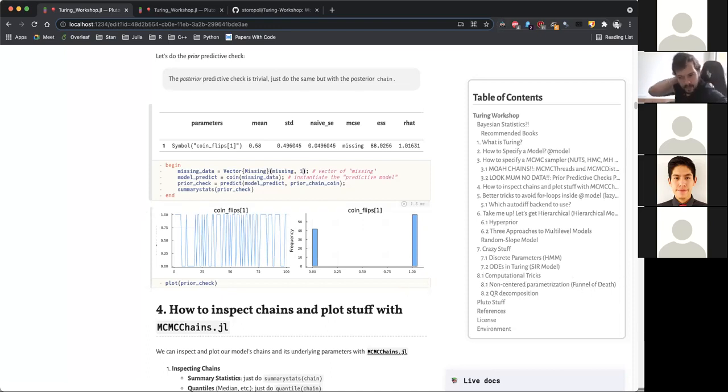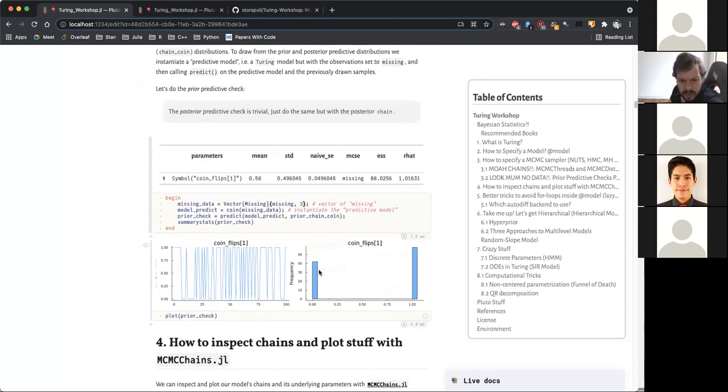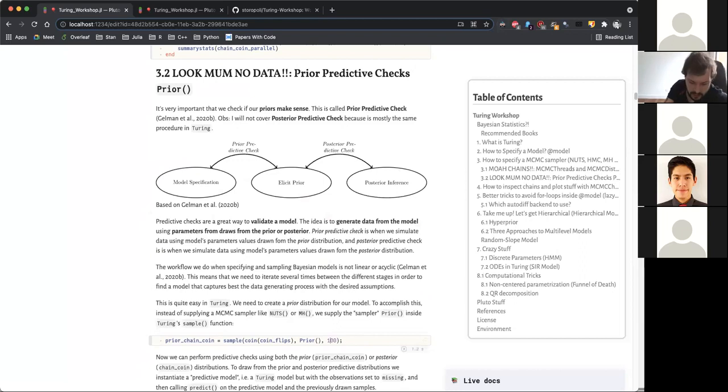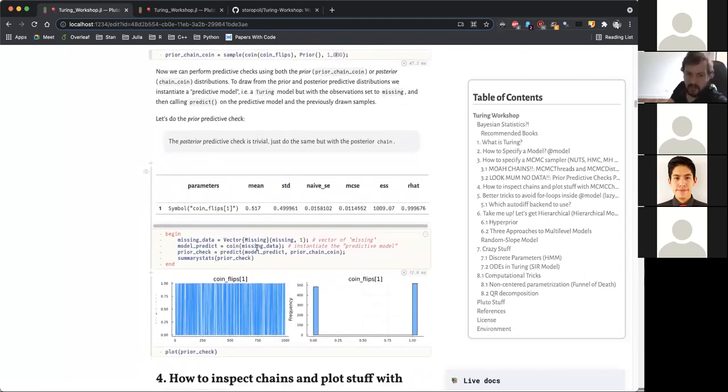Matthias, can you just sample more draws from the prior P? Yes, we can do that. Where is the prior? Oh, it's up here. Yes, we can do that. We can put like 1,000, and it will generate more priors.